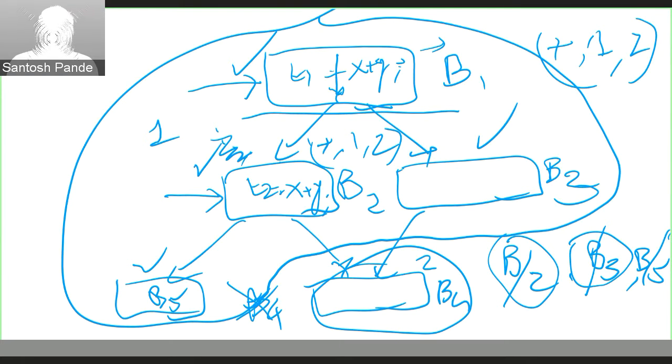This expression plus 1 2 is same as the earlier one, you can see, and they'll get matched, and we will discover that the x plus y in B2 is really the same as a certain value which has occurred earlier because of the same value number associated with them. And the way we do it just within a basic block, exactly similar way, we'll find out which is the temporary with which this value number is attached, which will be T1.